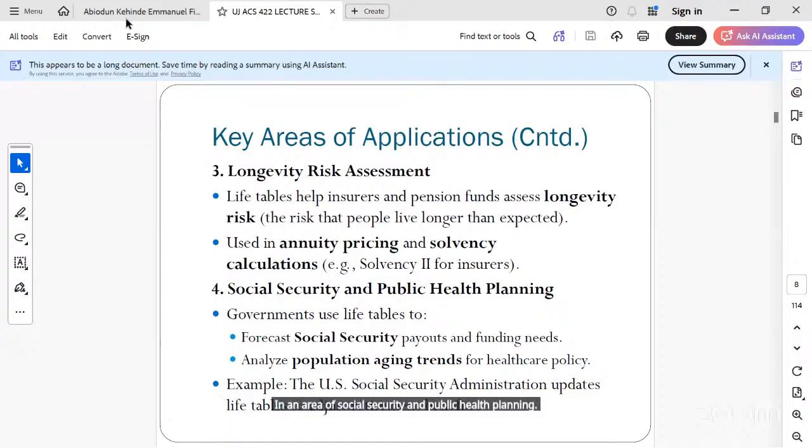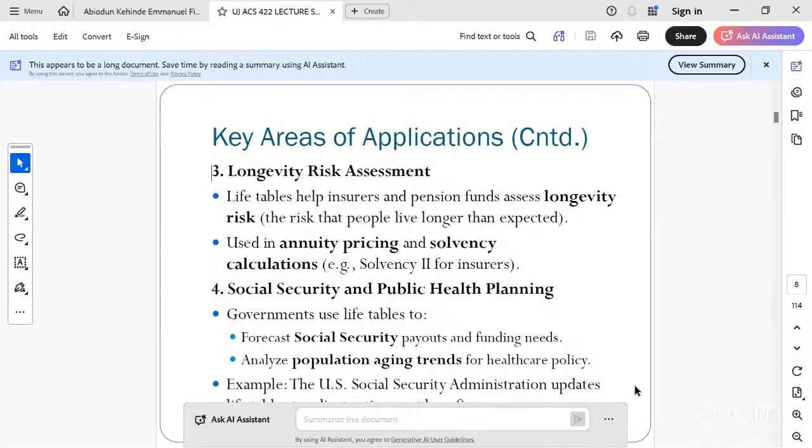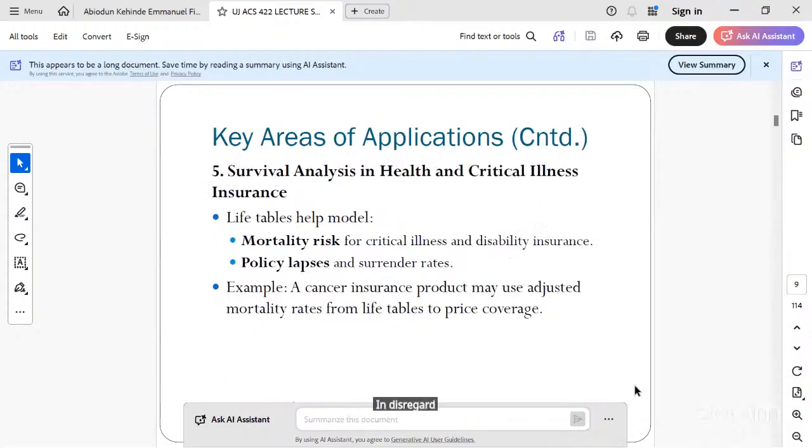So it's a very important tool for decision making, especially in this regard. Of course, as I've been saying as part of my explanation, it is very good for survival analysis in the area of health and critical illness insurance. So mortality table or life table is very key in all of these areas.